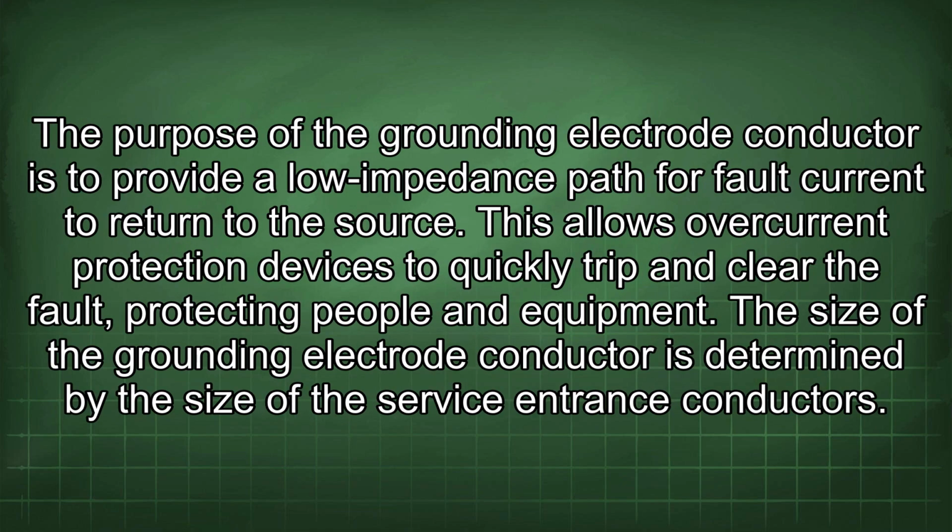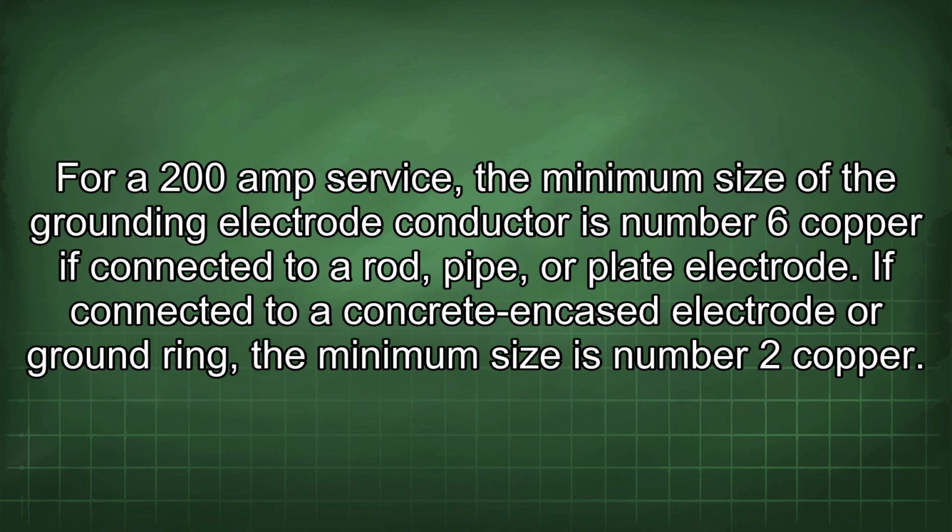The purpose of the grounding electrode conductor is to provide a low impedance path for fault current to return to the source. This allows overcurrent protection devices to quickly trip and clear the fault, protecting people and equipment. The size of the grounding electrode conductor is determined by the size of the service entrance conductors. For a 200 amp service, the minimum size of the grounding electrode conductor is number 6 copper if connected to a rod, pipe, or plate electrode.